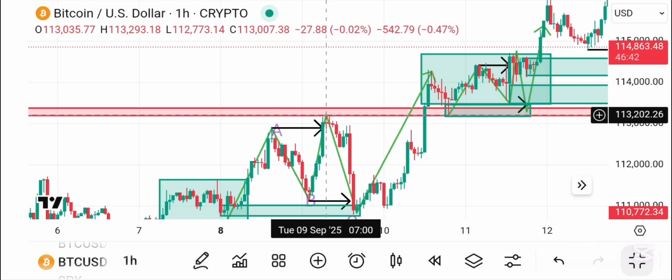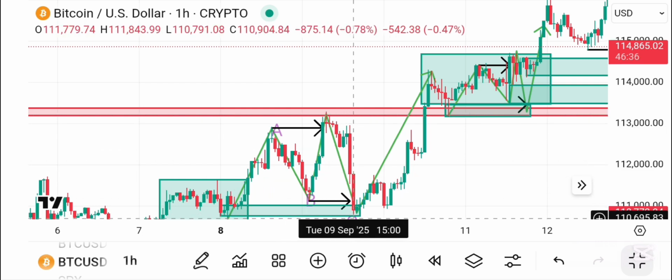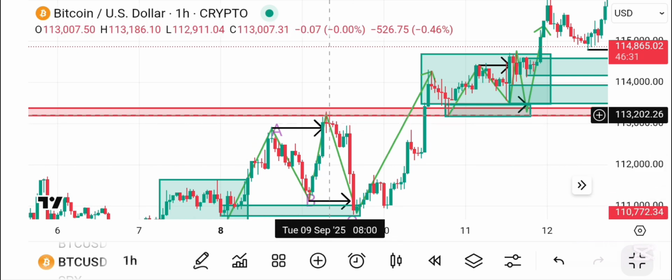And there was a sharp move which caused the reversal. This is the reversal. This is a sharp move because it mitigated a resistance or supply area. Now this area is where sellers' interests are high, right?